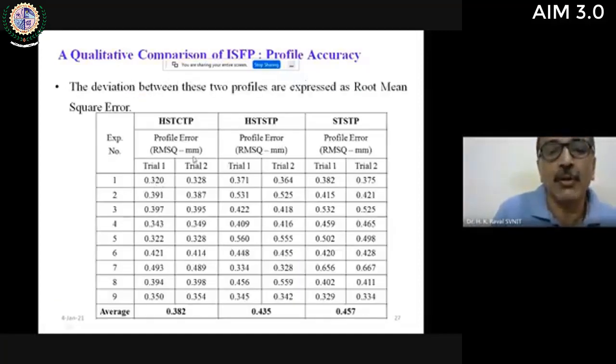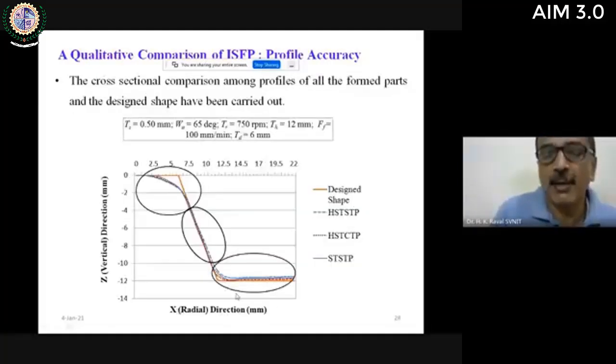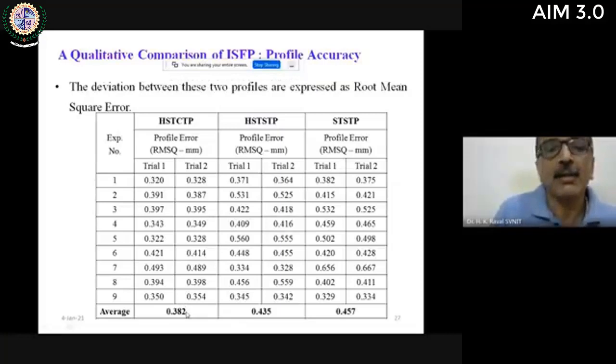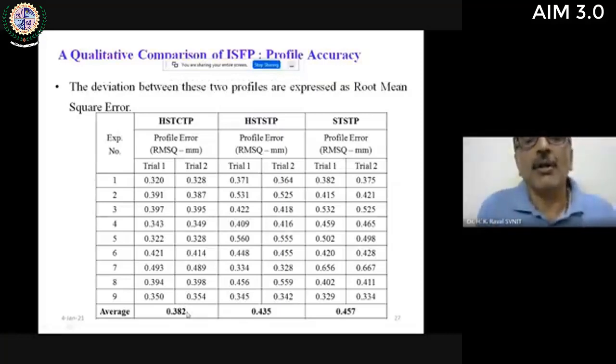An average of a total of 9 readings is recorded over here, and from here one can comment that the average profile error of HST-CTP, meaning hemispherical tool with contour tool path, was found to be the least compared to the average profile error of the other two trajectories. So HST-CTP is used for further study for the investigation of various parametric effects.